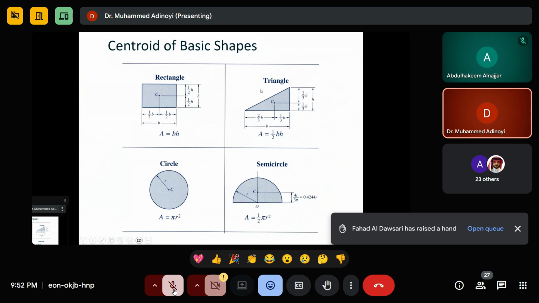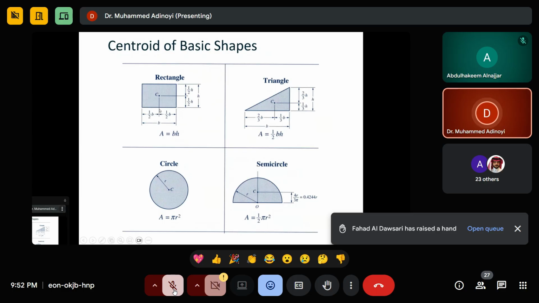The centroid means the position where you can balance the body. So if you have a uniform rectangle, this is where you can balance it. If you have a uniform triangle, this is where you can balance it. So where you can balance it is 1/3 from here, and 2/3 from here. The same thing, 2/3 from here, 1/3 from here.